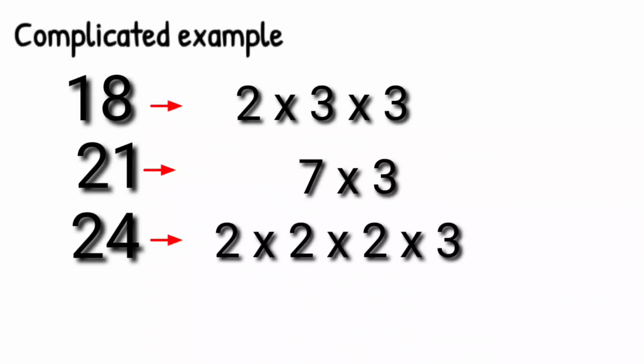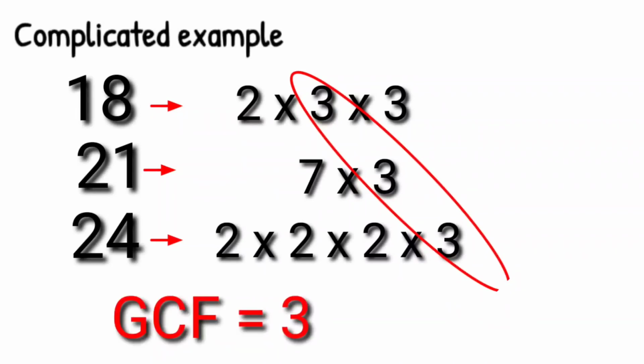So to get the common factor, find the factors that are in common. So here, 3 is in common. So 3 is the greatest common factor of 18, 21, and 24.